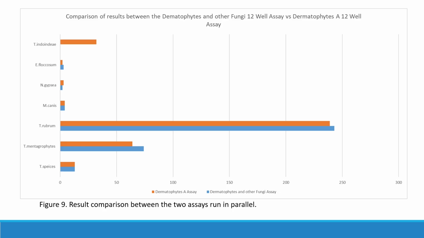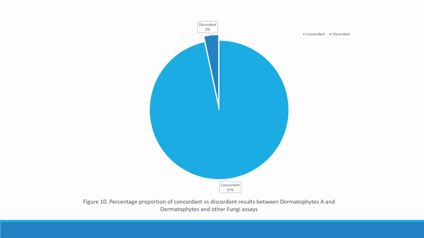So all in all, we had about 97% concordance with only 3% discordance, which again, we're hypothesizing was due to that freeze-thaw process in those earlier samples run in the validation.